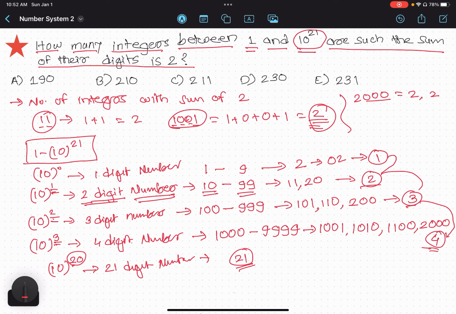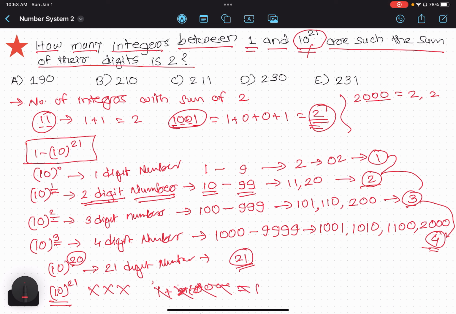When we consider 10 raised to 21, we just have to remember that our limit is 10 raised to 21, so we are not going beyond this number. And this number, 1 followed by 21 zeros, will still give us a digit sum of 1, and it will never give us 2.